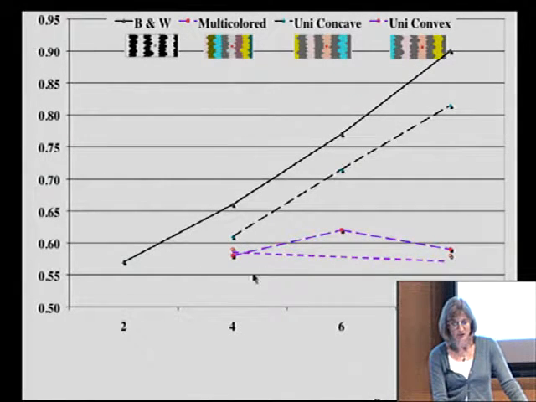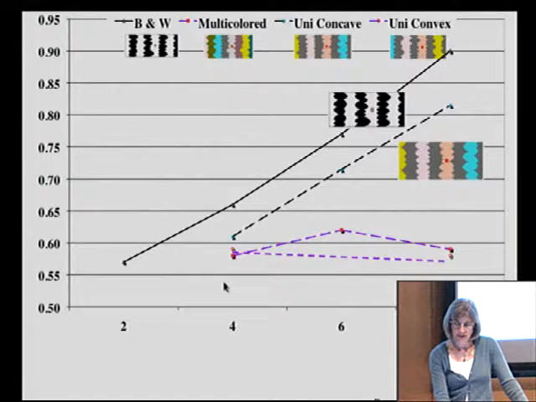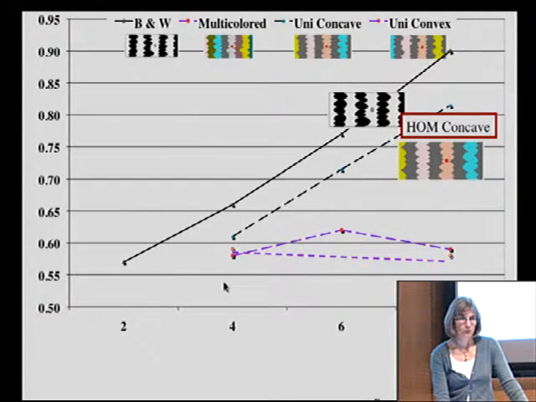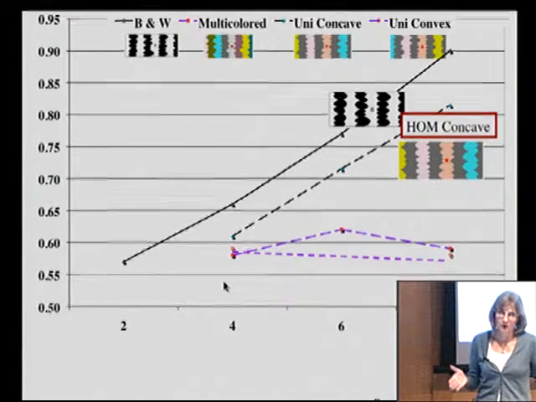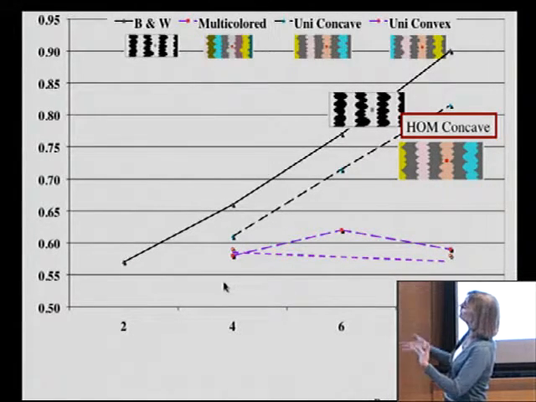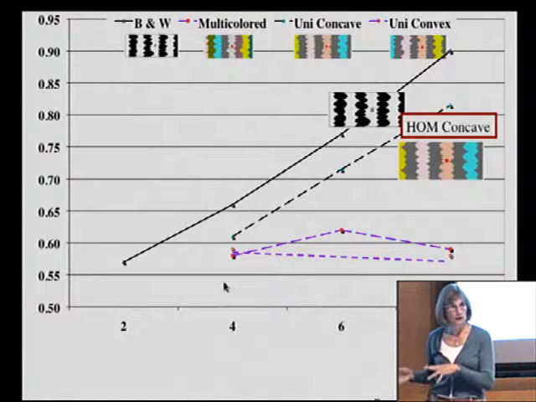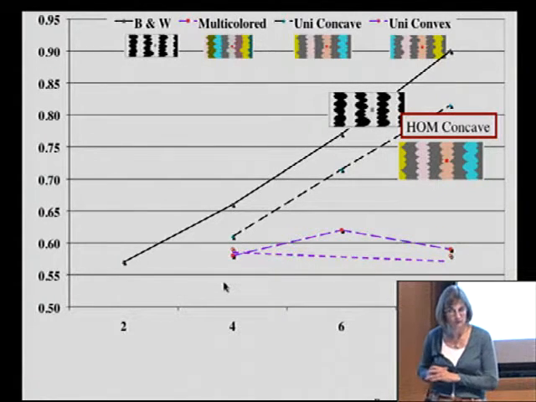And when we have the convex regions homogeneously colored, that doesn't matter at all. So what we see here is that when the concave regions are all the same color, when they are homogeneous, we get these context effects. It doesn't matter whether the convex regions are the same color as they are in the black and white, or all different colors as they are in the homogeneous concave case.